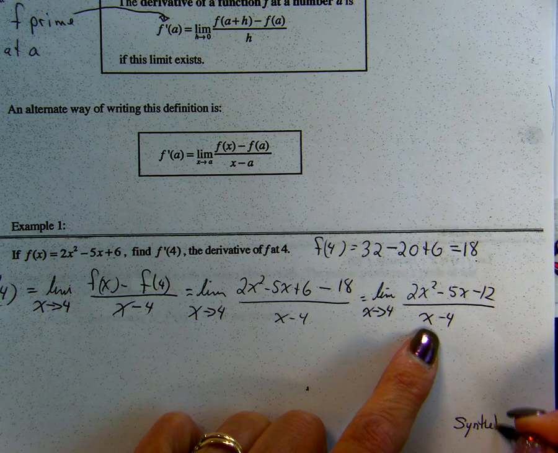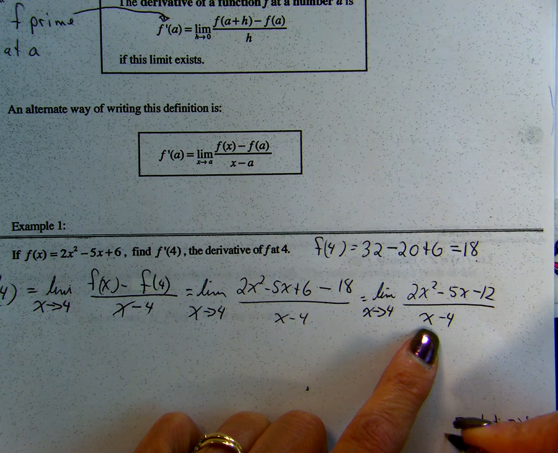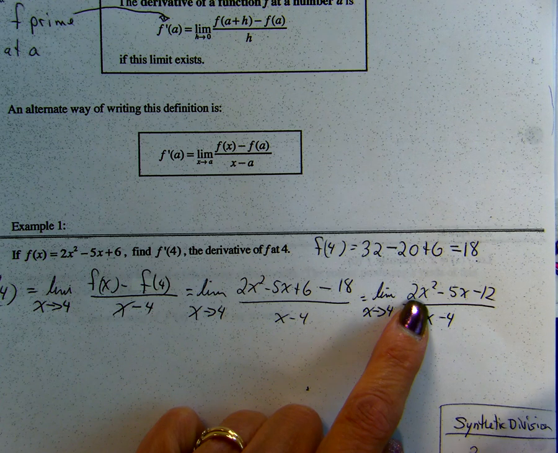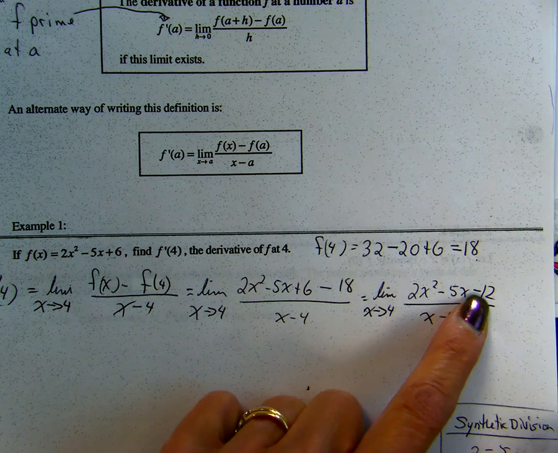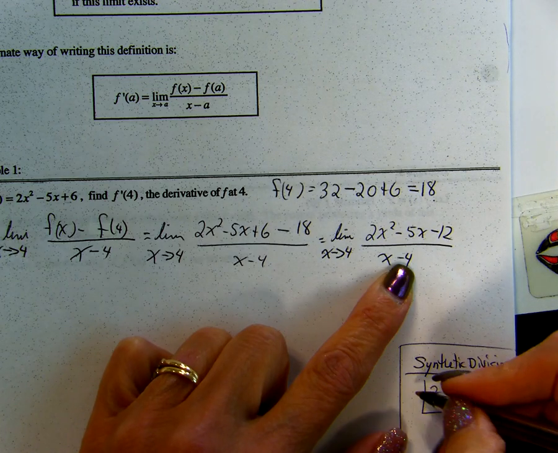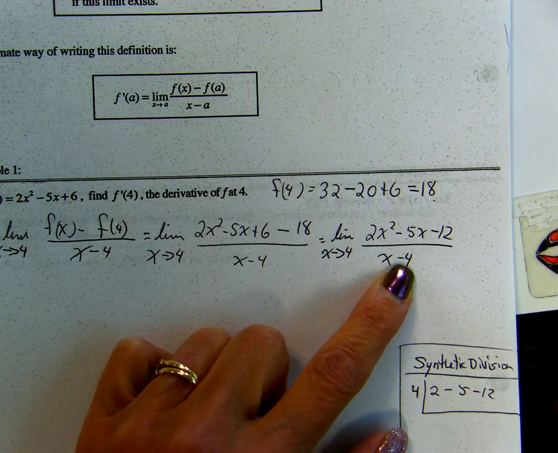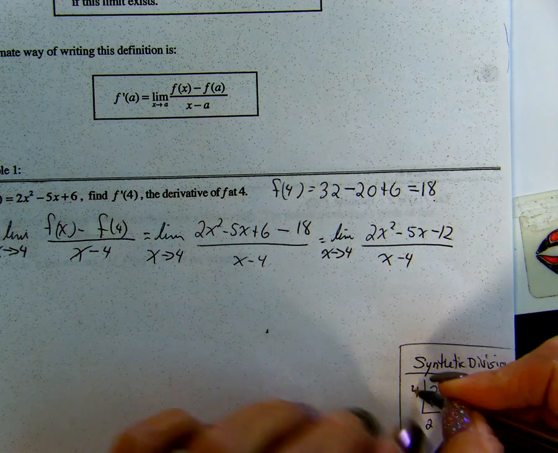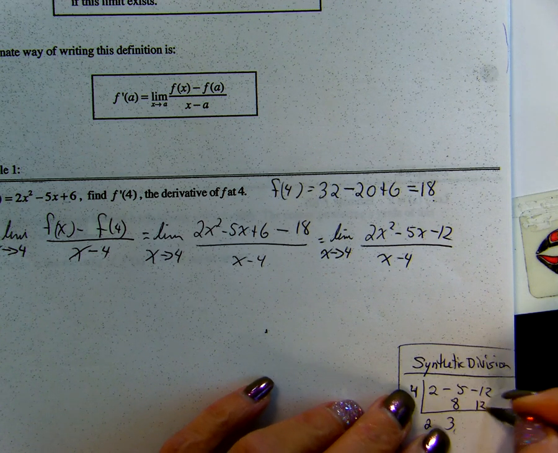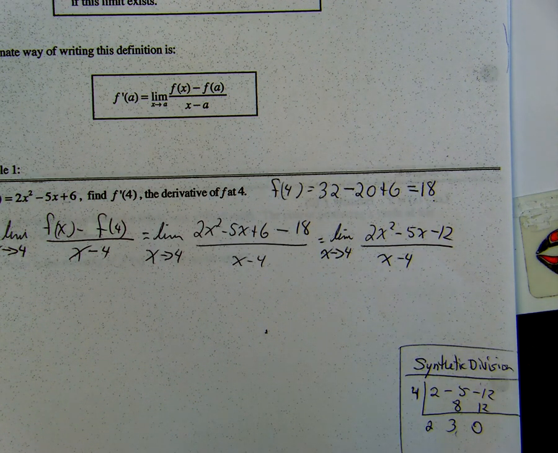So synthetic division, and a reminder of how to do this is you take your coefficients, 2, -5, -12, and we are hoping to find x minus 4 as a factor, so that means 4 would be the root. Bring down the 2, multiply, add these together, multiply, add these together. So x minus 4 is a factor.